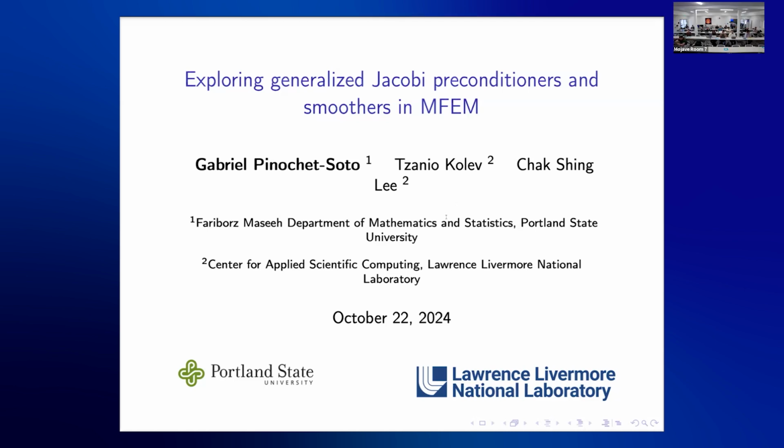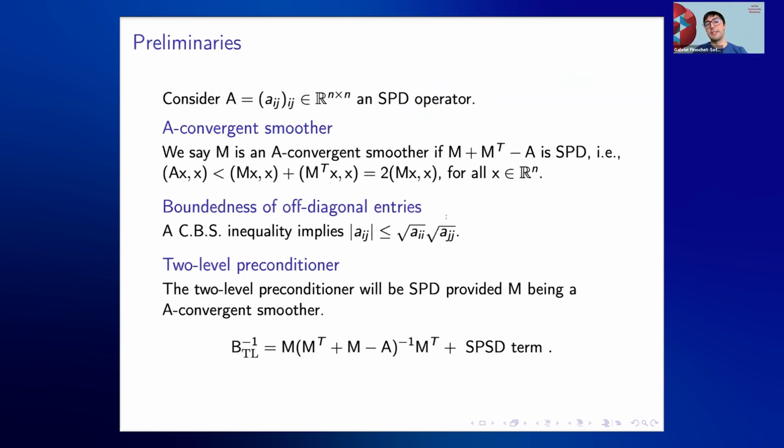So, some preliminaries. For simplicity, and because I'm going to talk about multigrid methods, multilevel methods, I'm going to consider a system that yields a symmetric positive definite operator A. I'm going to recall that a smoother is A-convergent if the following matrix M plus M transpose minus A is symmetric positive definite.